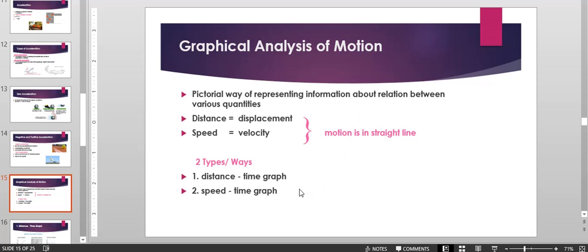So there are two ways of representing information of various quantities. The first is known as the distance-time graph and the other is the speed-time graph. Let's discuss these two one by one.